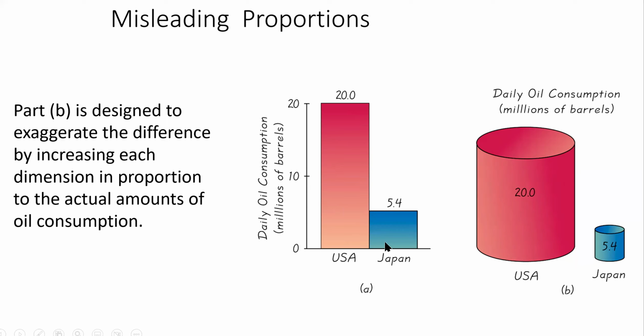The graph on the left and the graph on the right represent the same thing. On the left, the width of the bar is the same. Japan goes to 5.4 million barrels, and the US is 20 million barrels, so about 4 times as much as Japan's consumption.